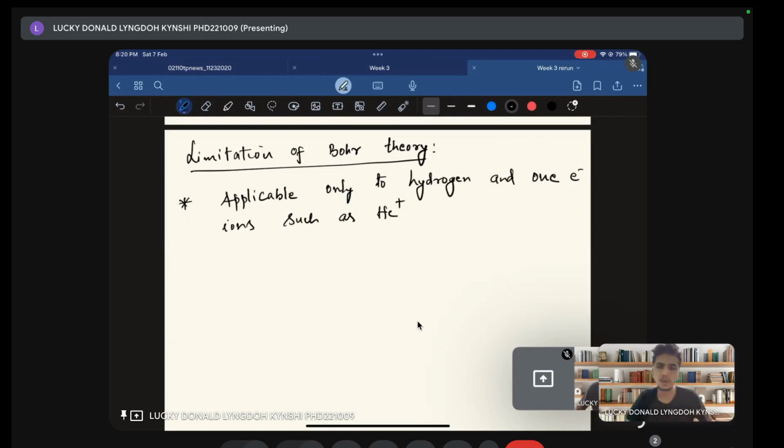That means it cannot explain other heavier elements. It can explain only the hydrogen atom.